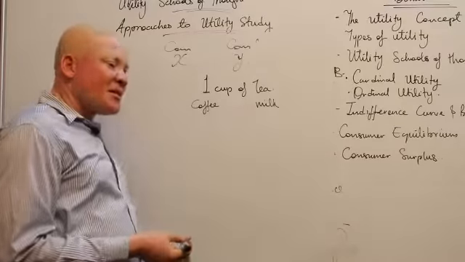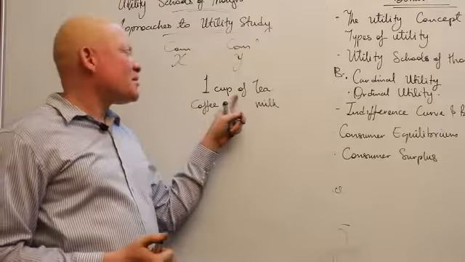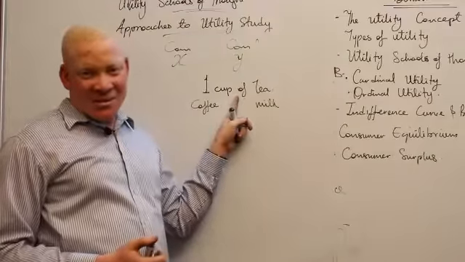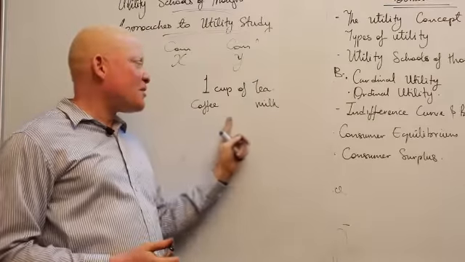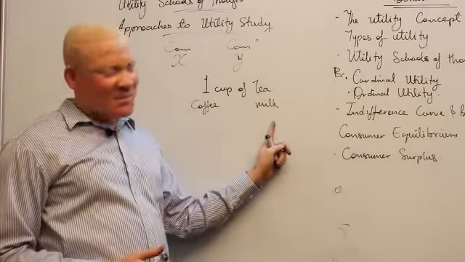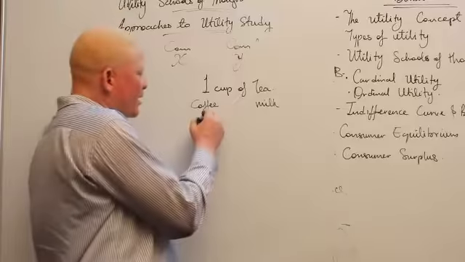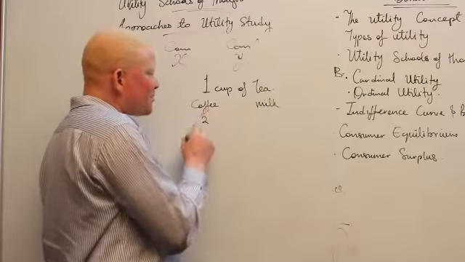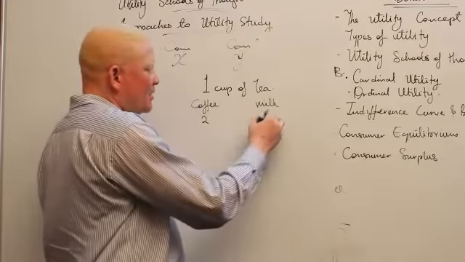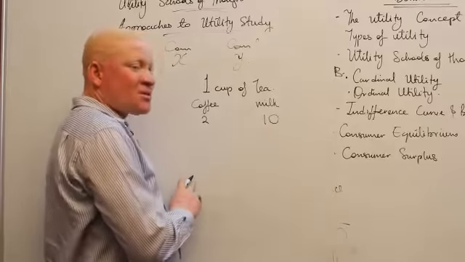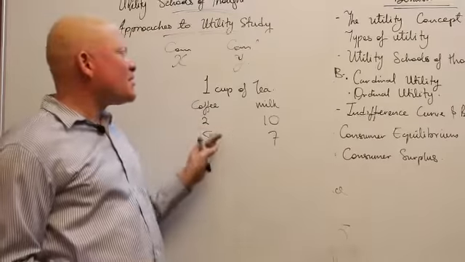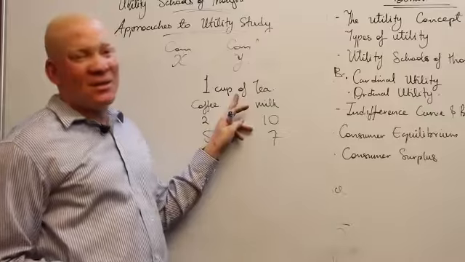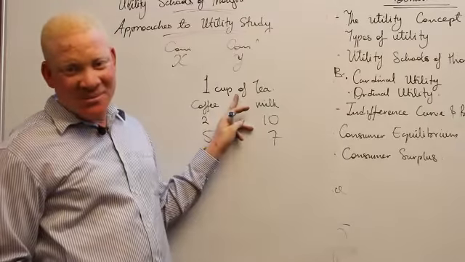But every point in time, I will need a cup of tea. But it doesn't matter the quantity of coffee or milk. I could have 2 ounces of coffee and 10 ounces or spoons of milk. That's a possibility. These combinations are giving me a cup of tea.